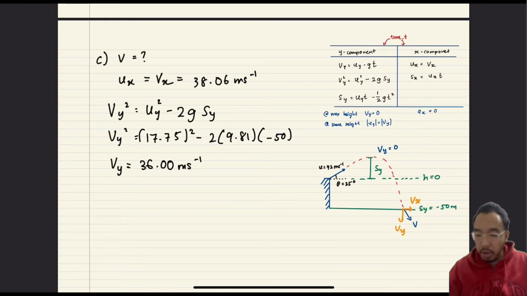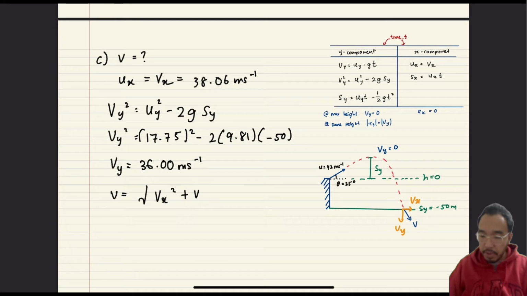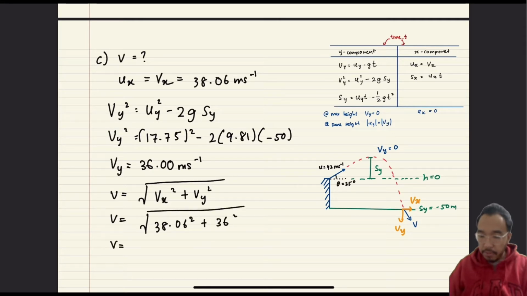Okay, so you already have Vx and Vy. Now you can find your V by taking the square root of Vx square plus Vy square. So 38.06 squared plus 36 squared, the square root, V would be equal to 52.39.